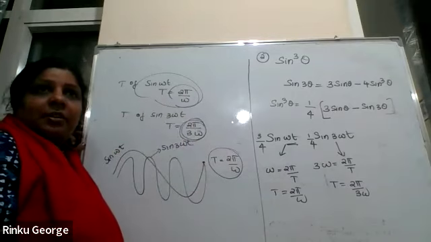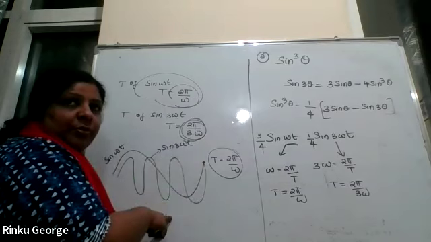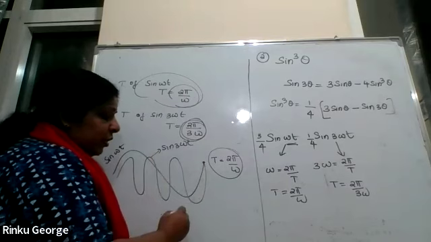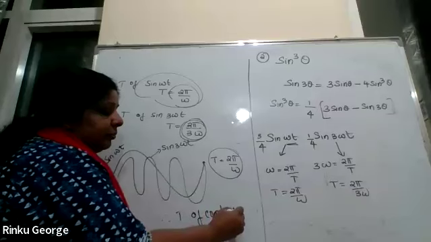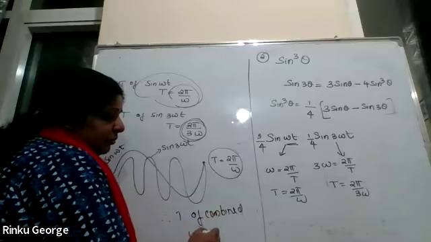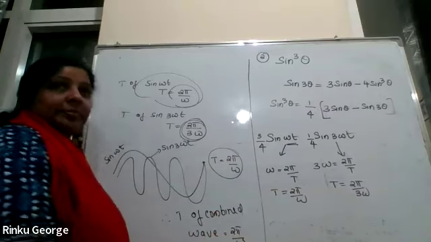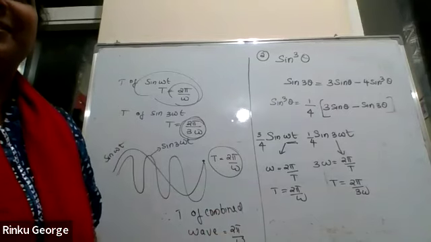Is it clear? Okay, so then you can write that, if you want, you can draw for later reference to help you understand. Therefore, time period of combined wave is 2 pi by omega. That's why I was not teaching you this in the first class.